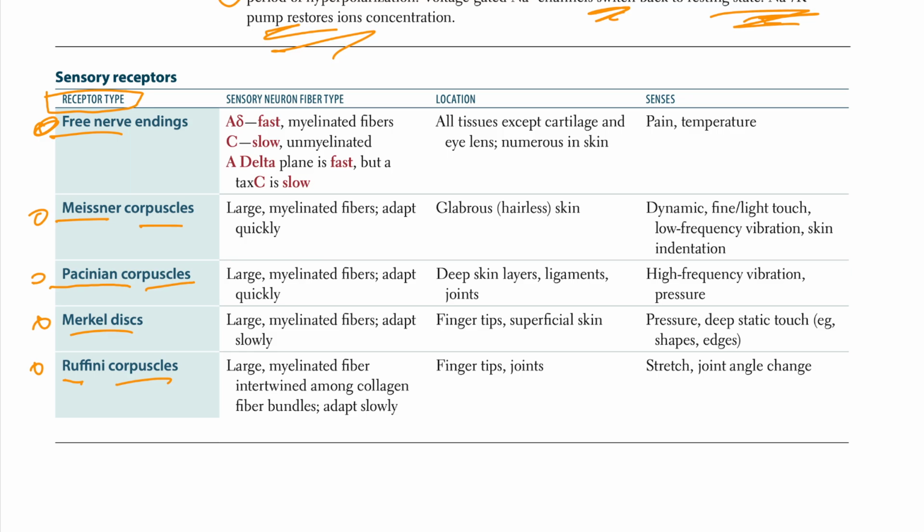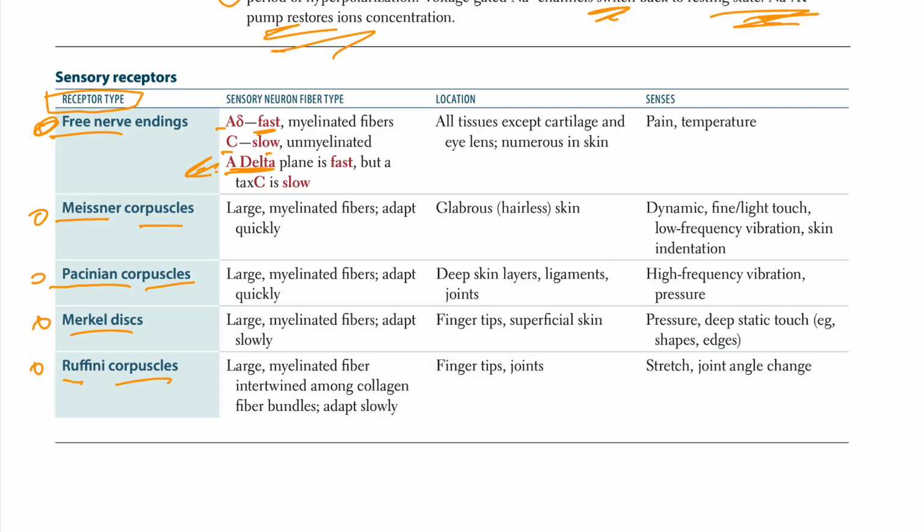The way you are going to think about all of these, let's talk about the first one, free nerve endings. A delta is fast, C is slow, and the mnemonic they have is a delta plane. It's an airline, like any airline, American airline, Delta airline plane.